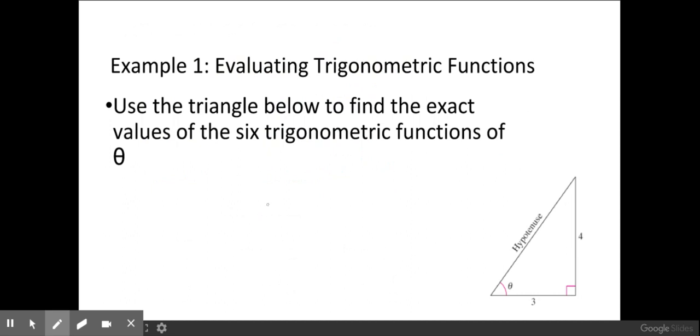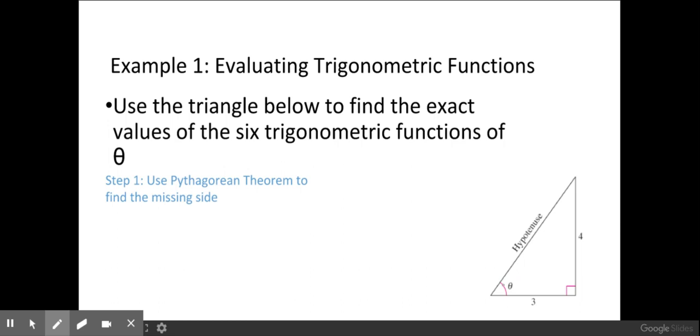To evaluate these, it says use the triangle below to find the exact values of the 6 trig functions of theta. In order to find all 6, we need to have all 3 sides of the triangle. So our first step is to use the Pythagorean theorem to find the missing side.